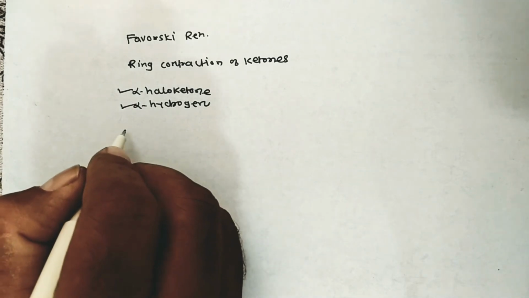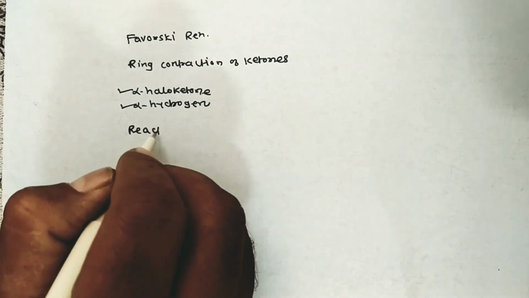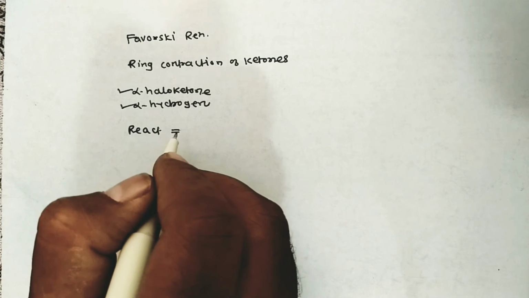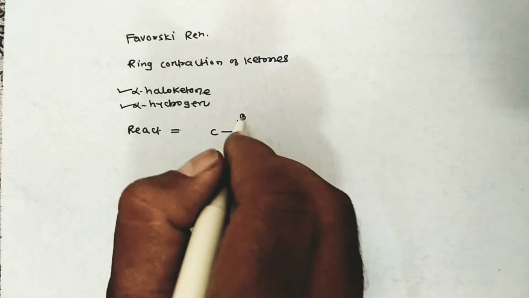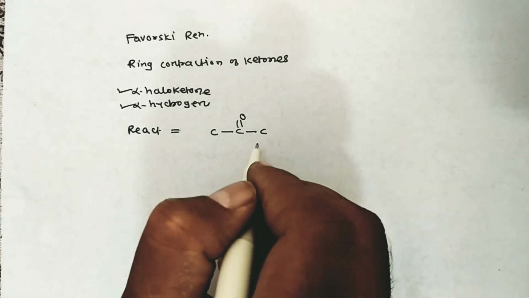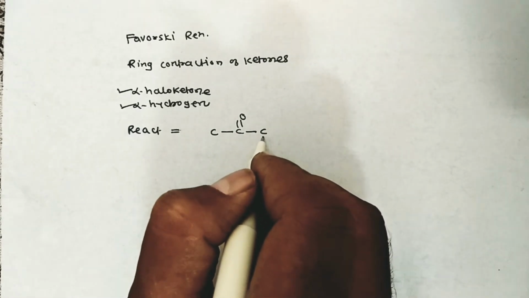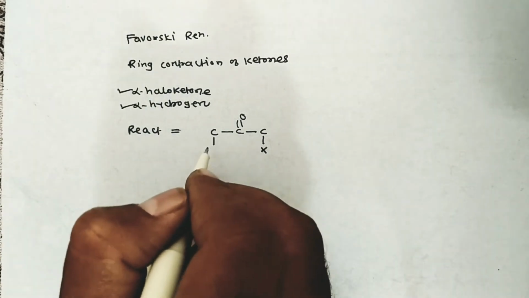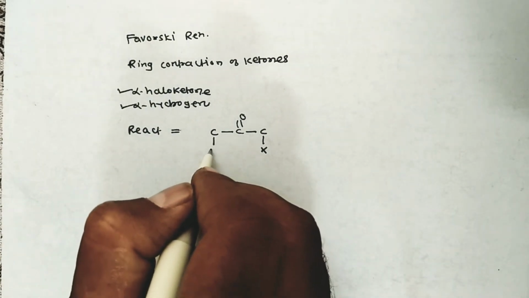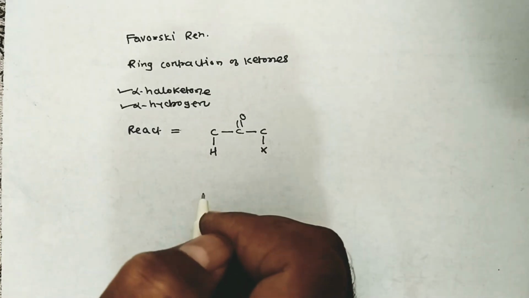Means the reactant requires a carbonyl group and alpha carbons. One alpha carbon must contain a halogen atom and the other, opposite alpha carbon must contain an acidic proton.